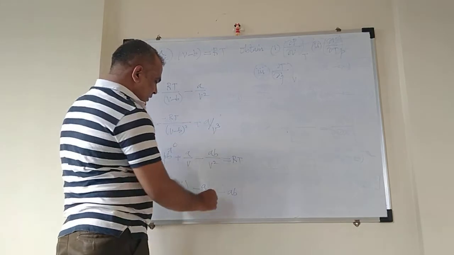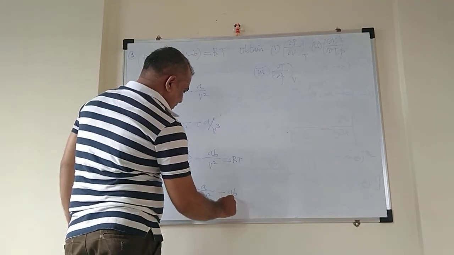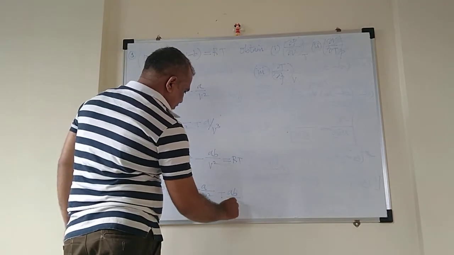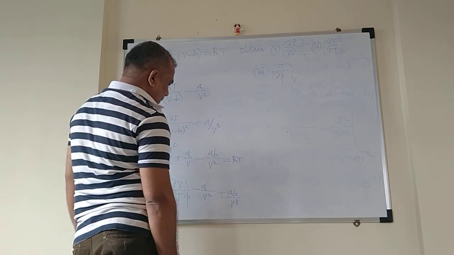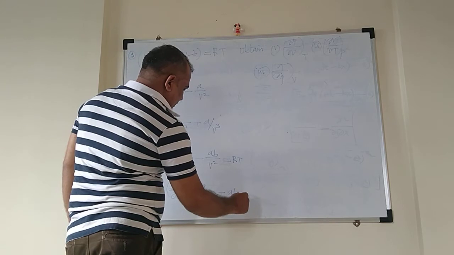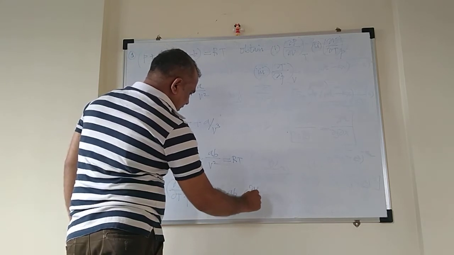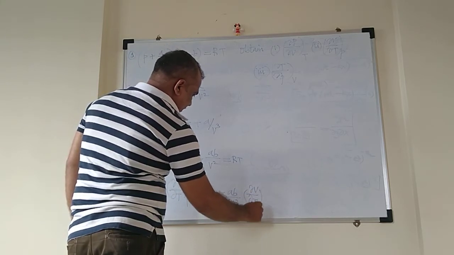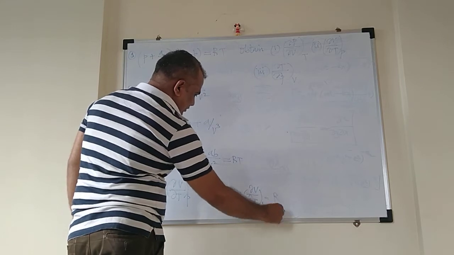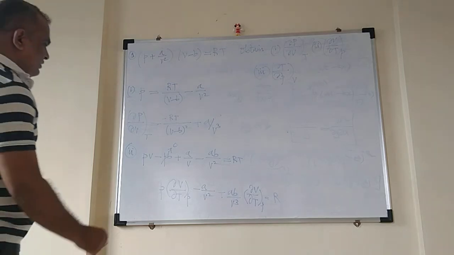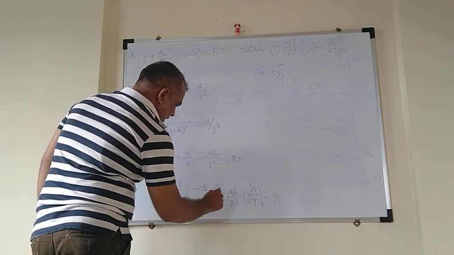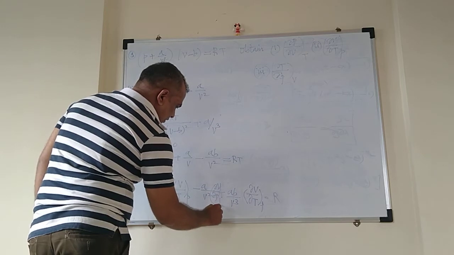So minus minus will become plus ab times 2 upon v cube into dou v by dou t at constant p. This is equal to r, isn't it? So here also we will get dou v by dou t at constant p.